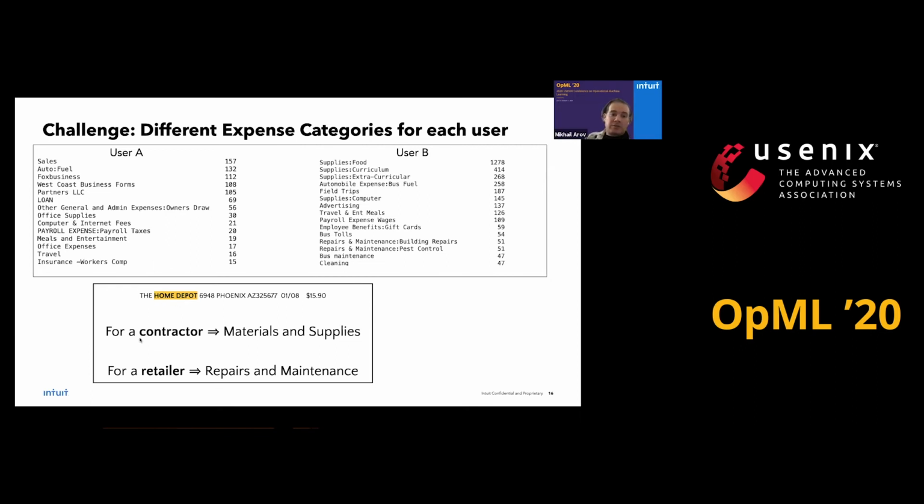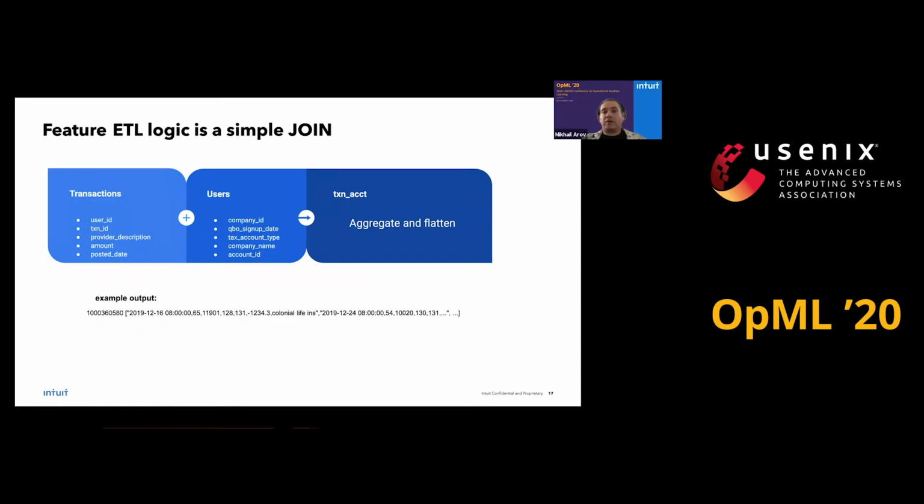In this example, a contractor can see a Home Depot expense as an expense for materials and supplies. For a tailor, it's for repair and maintenance. This requires the careful application of ETL logic.